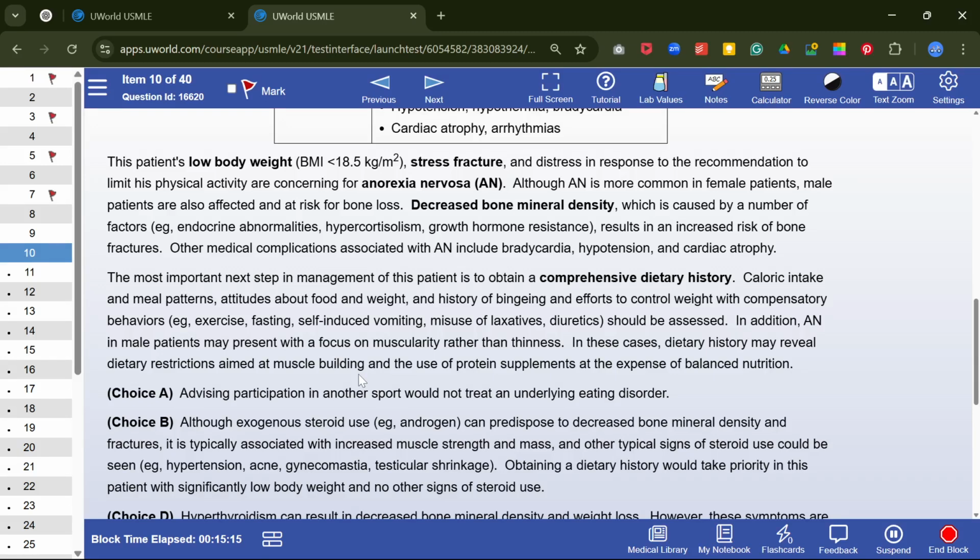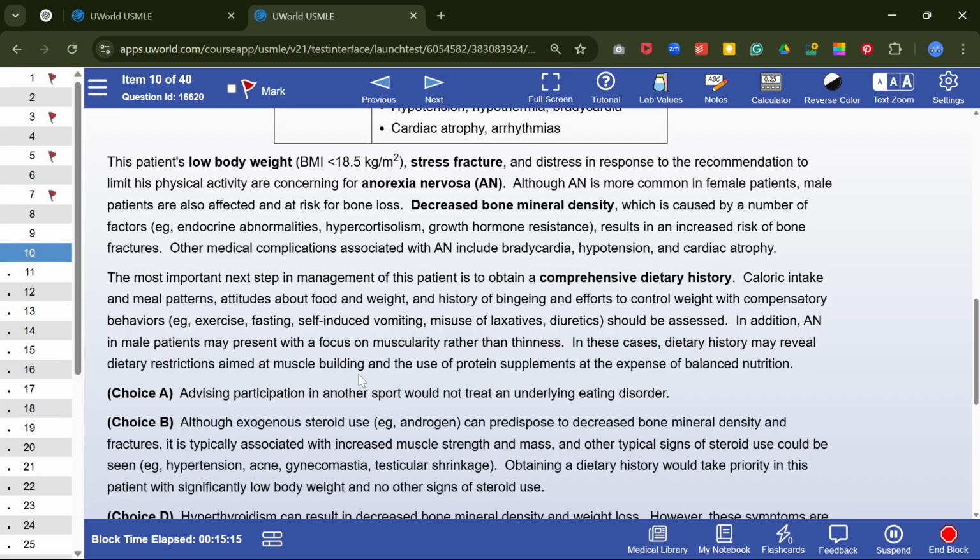Male patients are also affected and are at risk for bone loss and decreased BMD, which is caused by a number of factors: endocrine abnormalities, hypercortisolism, and growth hormone resistance, resulting in an increased risk for bone fracture. Other medical complications associated with anorexia nervosa include bradycardia, hypotension, and cardiac atrophy.